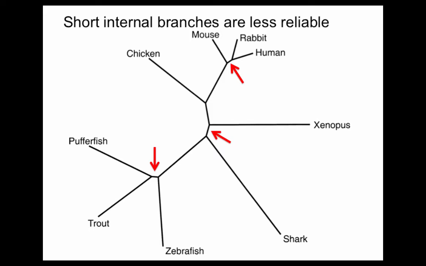So in this case, the short internal ones would be the ones between mouse and then rabbit and human. So the English translation of that is you're saying the split between mouse, rabbit, and human is so close together that you don't trust your two branches coming out of them to be biologically accurate. There might be some noise. Maybe it's hard to.